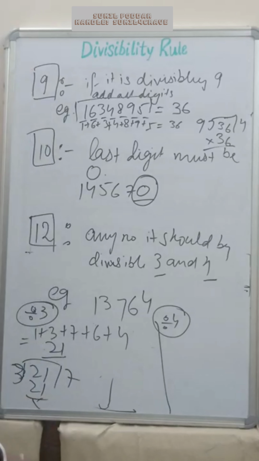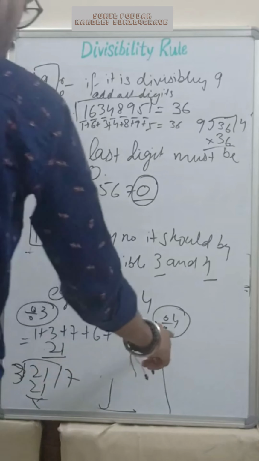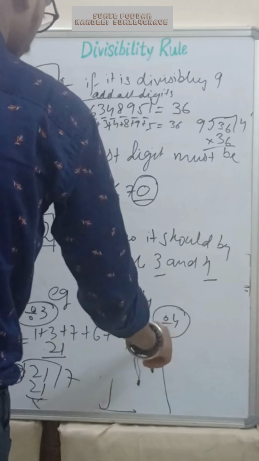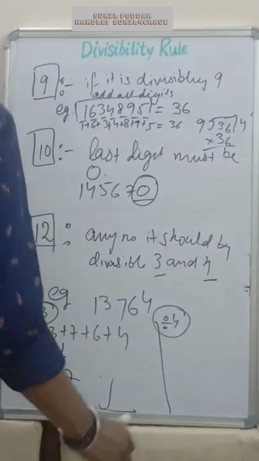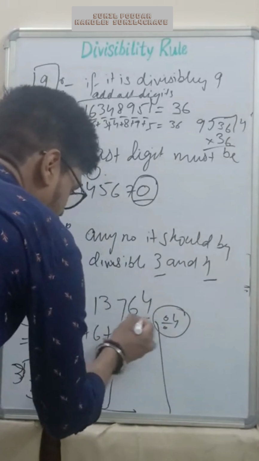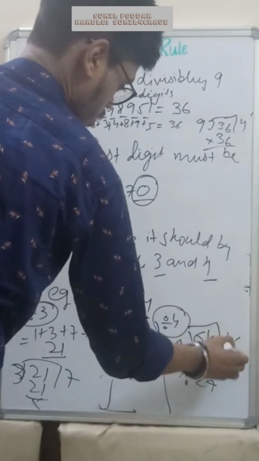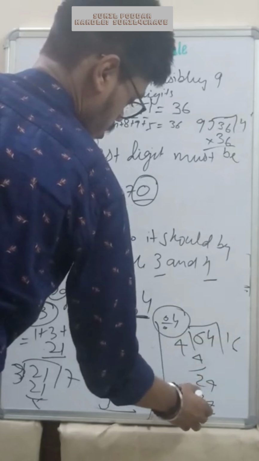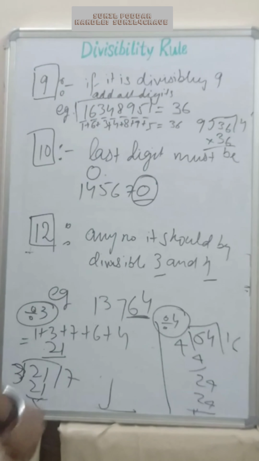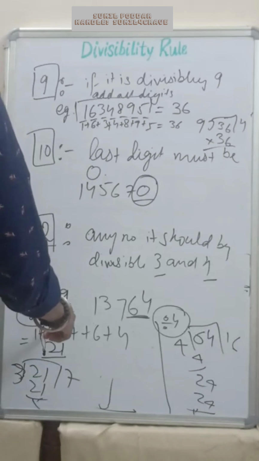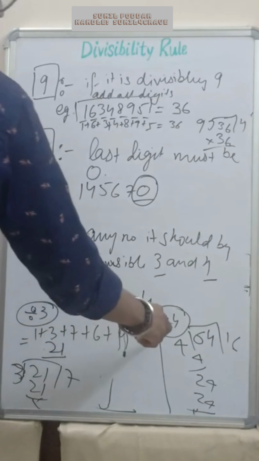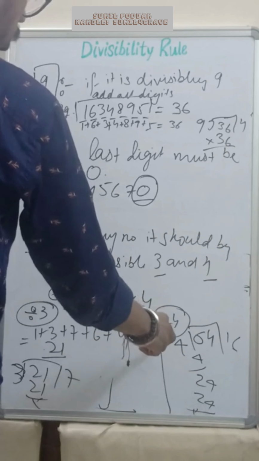Divisible by 3 and by 4, so 13764 is completely divisible by 12.